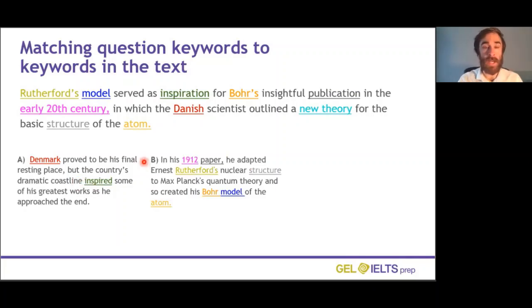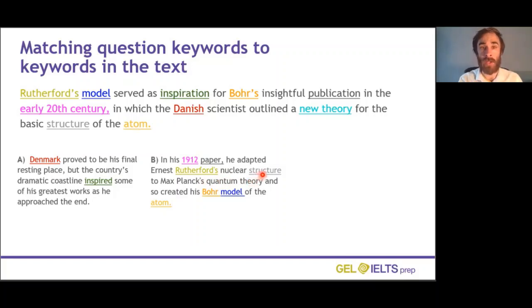B. In his 1912 paper, he adapted Ernst Rutherford's nuclear structure to Max Planck's quantum theory and so created his Bohr model of the atom. 1912 matches to early 20th century. Rutherford and Bohr, well, we have perfect matches there. Again, those proper nouns are often really useful for finding matches.